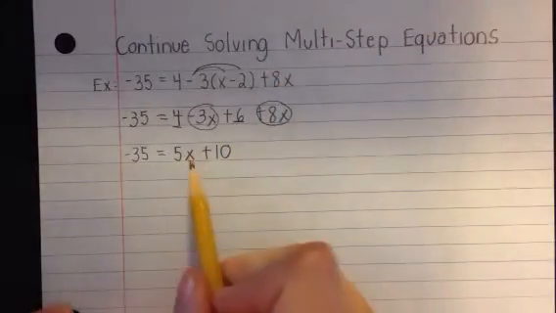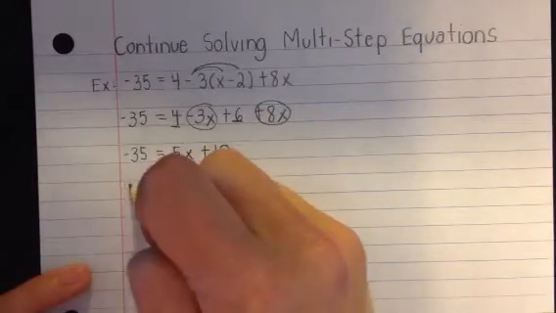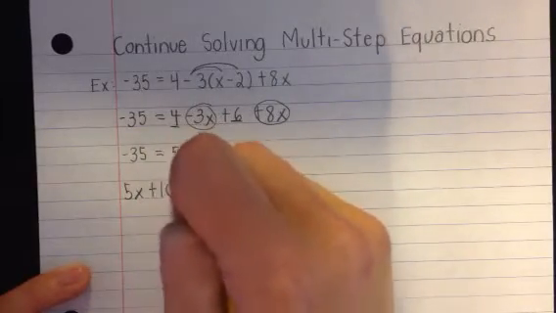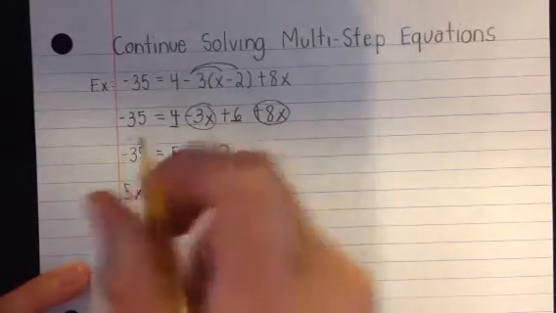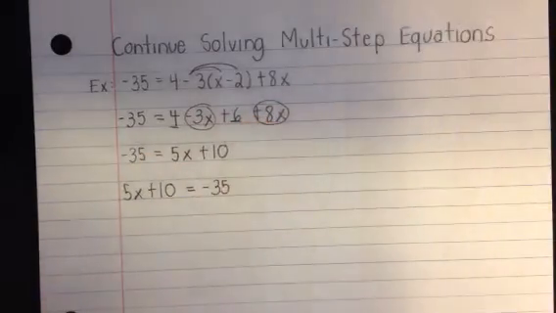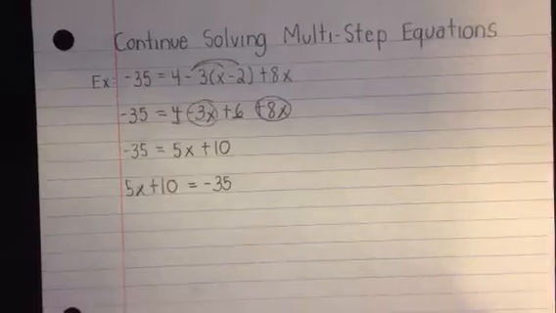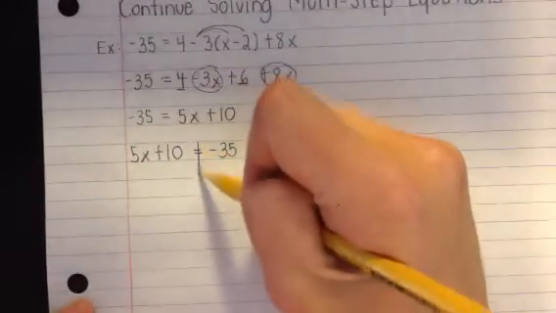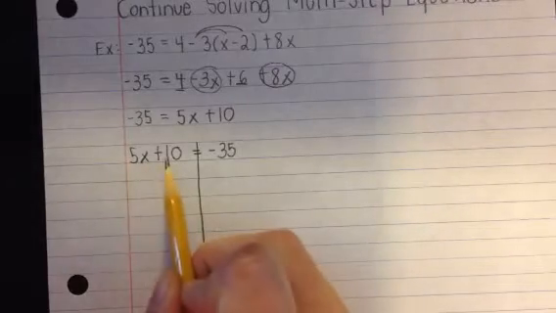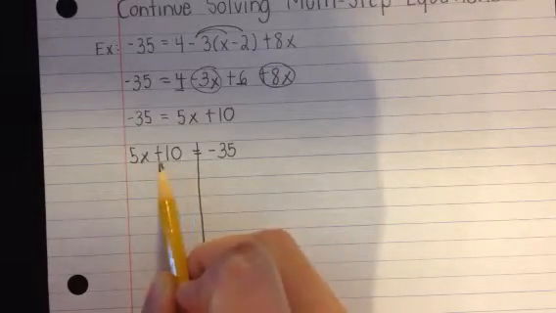So now you don't have to, but if you prefer x to be on the left, then let's go ahead and switch it. So we've got 5x plus 10, put that on the left, equals, and bring -35 to the right. Alright, so now what you're going to do, draw that arrow, now that it's nice and cleaned up, to get x by itself, remember, add or subtract first.